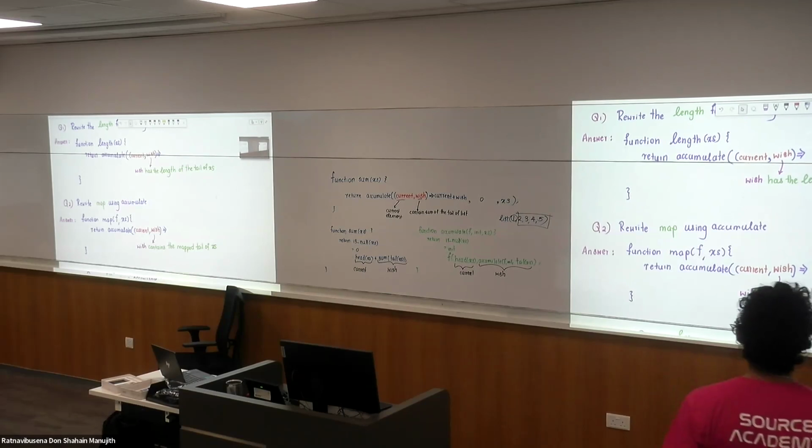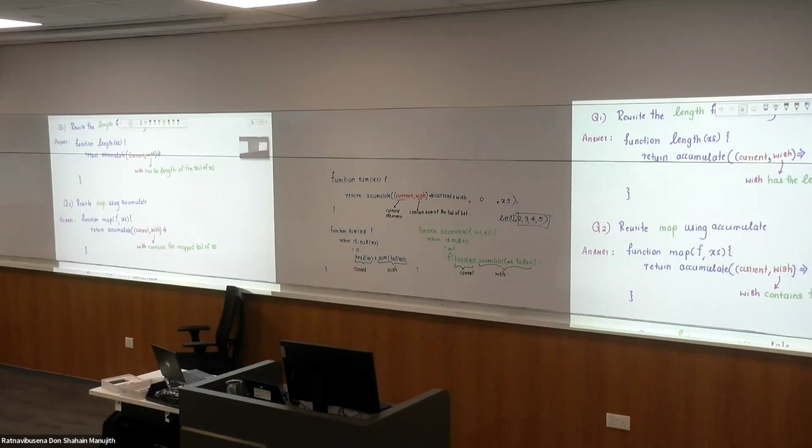Okay, so let's try. We have function map. Originally we had map with f and xs, and then what was the base case? Yes, is null xs. If xs is null, then I return null because mapping an empty list is null.